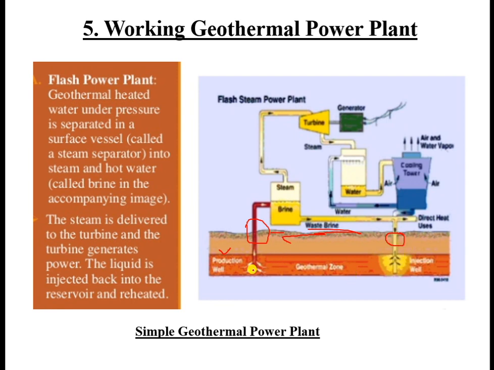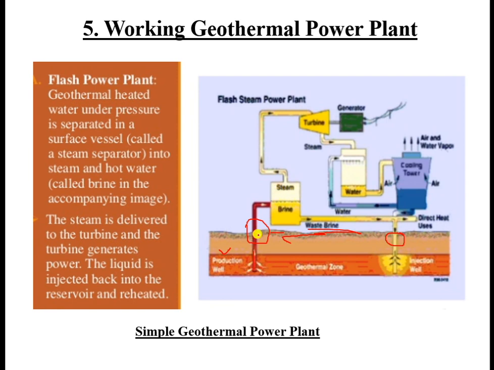so that if some water is coming inside this, then that hot water can be brought out here. That hot water can be brought to this particular junction, and it will come out and be converted into steam.